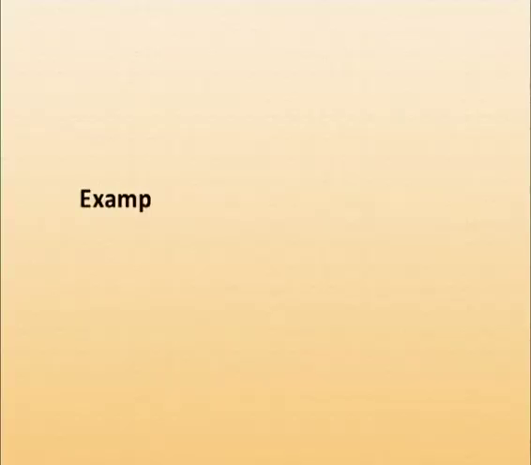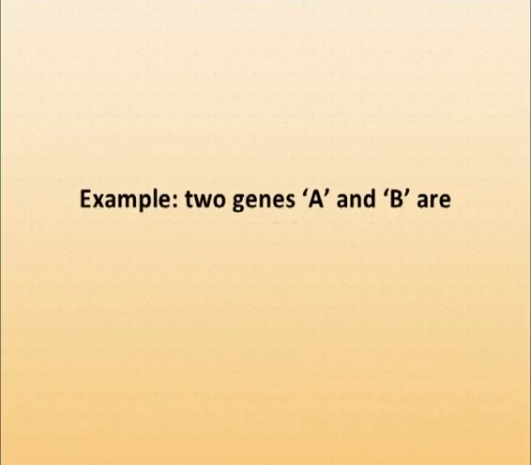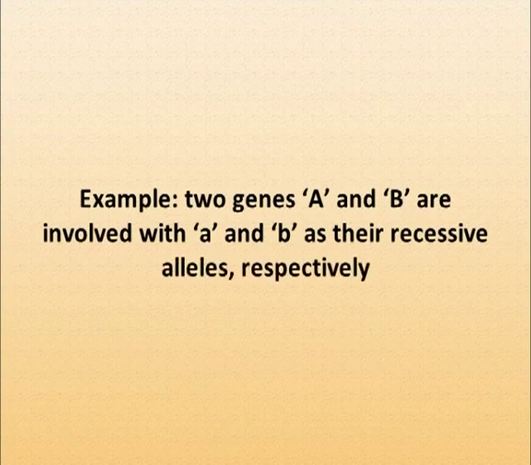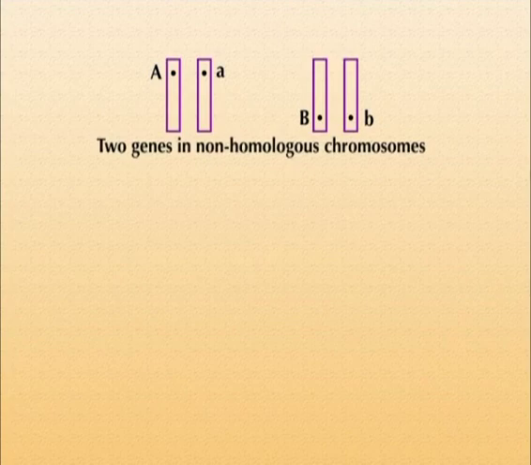In order to understand the phenomenon of linkage and crossing over and differentiate between linkage and independent assortment, let us take a hypothetical example where two genes, capital A and B, are involved with small a and small b as their recessive alleles respectively. As you know, in case of independent assortment, the two genes are present on two non-homologous chromosomes.